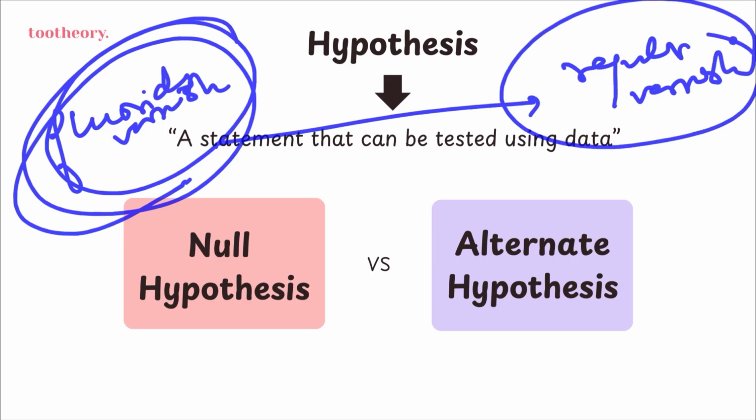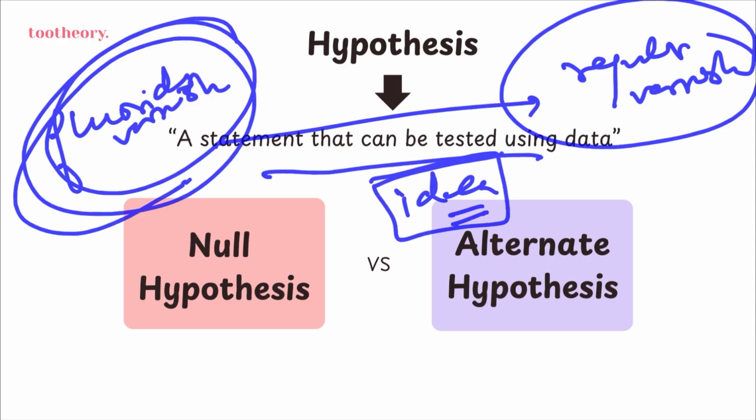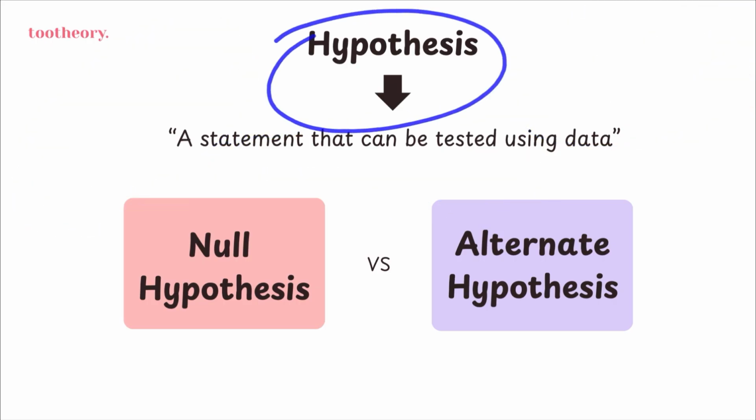Right? So now this is an idea that I have, and I want to test whether my idea is actually true or is it just something that I believe. That is where hypotheses come in.